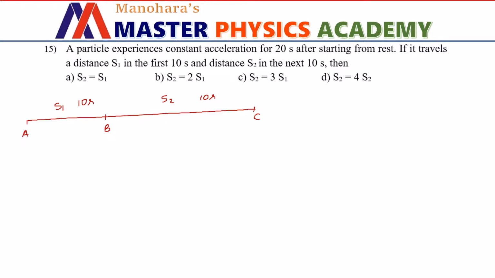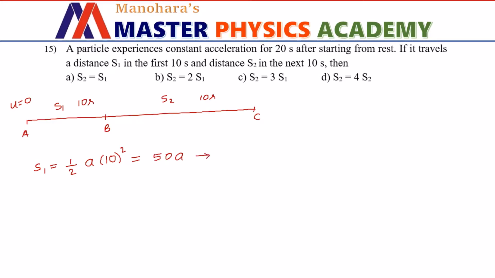From the equation of motion, s1 is equal to half a into 10 squared, since the initial velocity is 0. Here we have considered acceleration of the particle as a and time as 10. Solving this, we get s1 is equal to 50a.